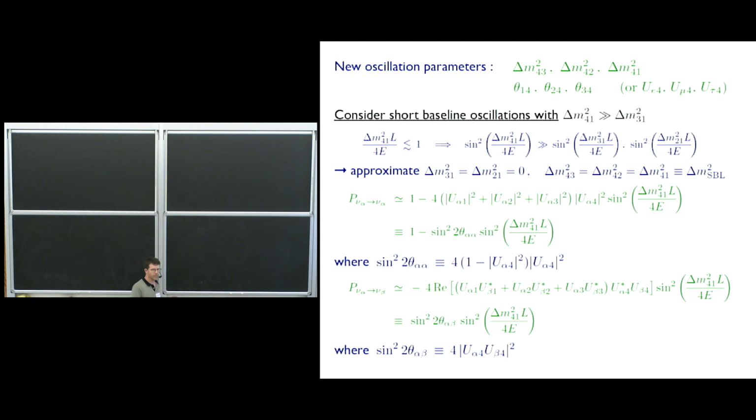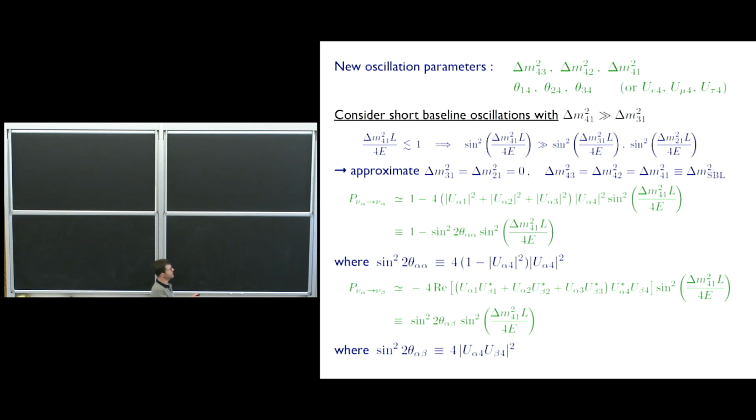So now I'm going to consider a very simple limit, which is adapted actually to these experimental anomalies. I will consider short baseline oscillations. First of all, I assume that m4 is heavier, let's say in the eV range or a bit above, such that delta m squared 4 1 is much larger than delta m squared 3 1.